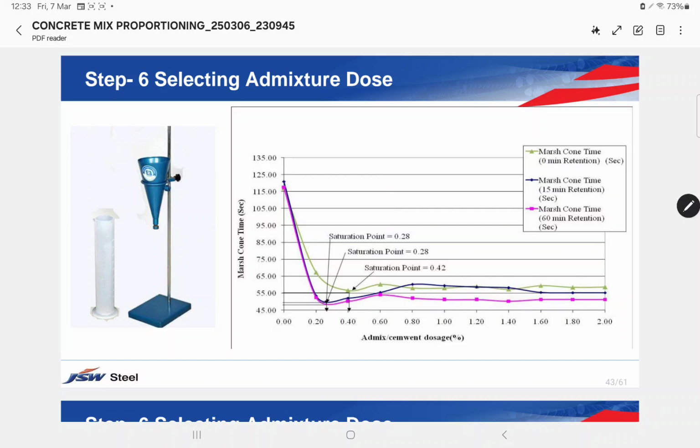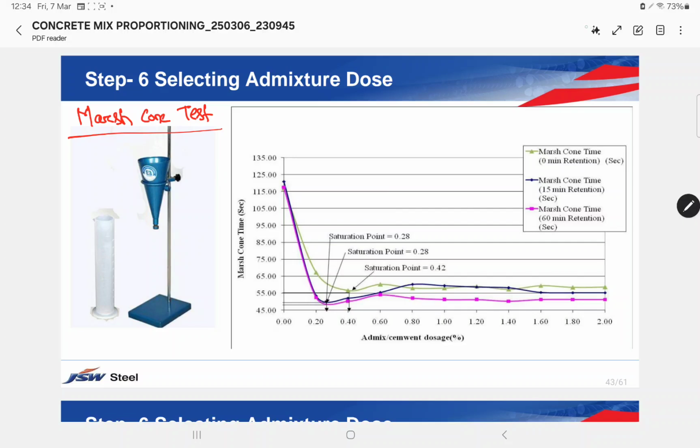There is a simple test called the Marsh cone test. Using this test, you can find out the optimum dose of admixture to be used for that type of cement.